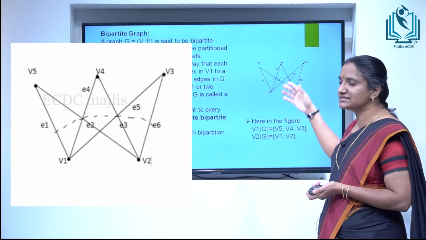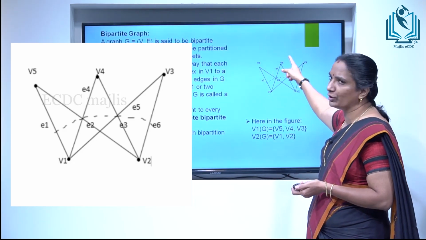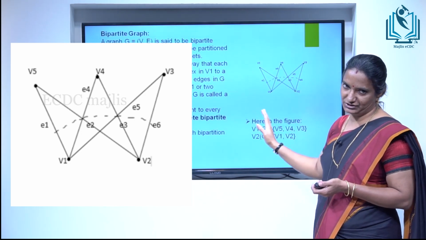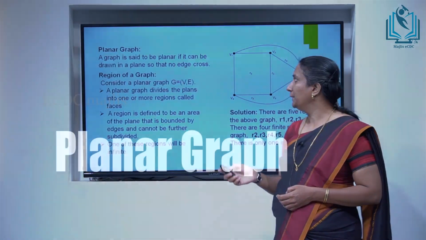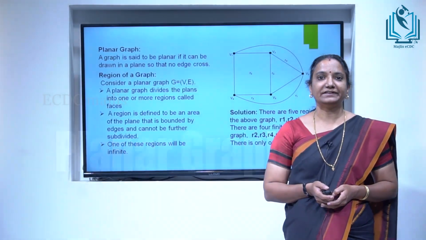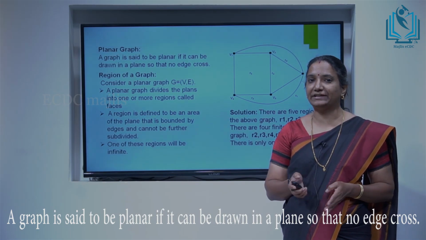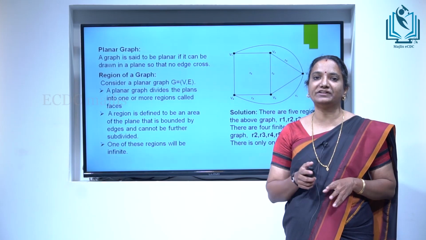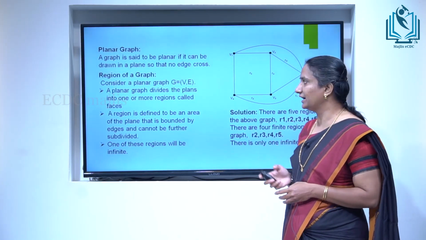That is, this graph is partitioned into two disjoint sets, V1 of G and V2 of G. This is called a bipartite graph. Next, planar graph. A graph is said to be planar if we can draw it in a plane with no edge crossing. That is, there is no intersection between edges. That is called a planar graph.